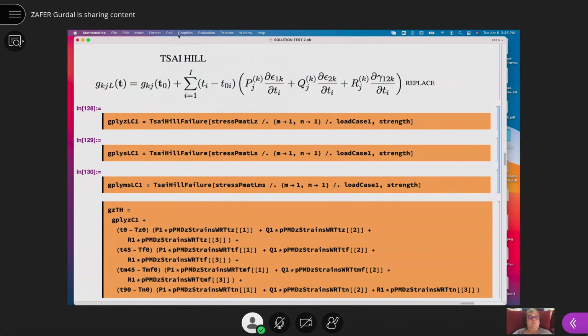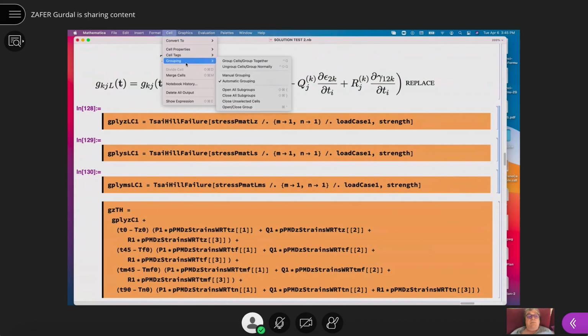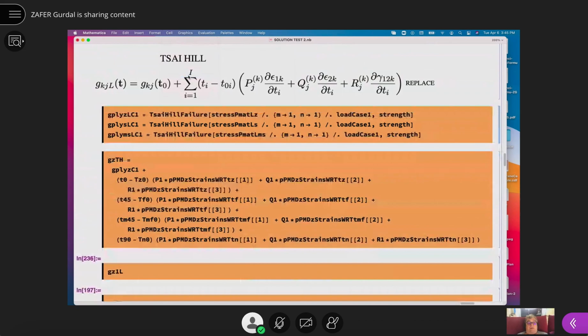Isn't it supposed to group them? Cell properties, grouping, merge cells. All right. And I'm going to execute these. Exact same thing, I didn't do anything different.